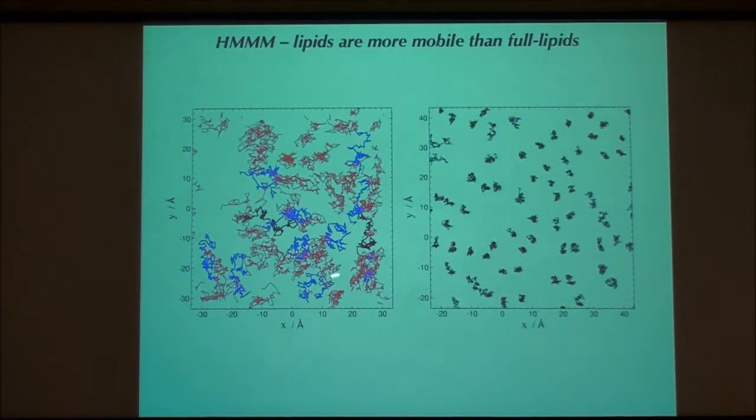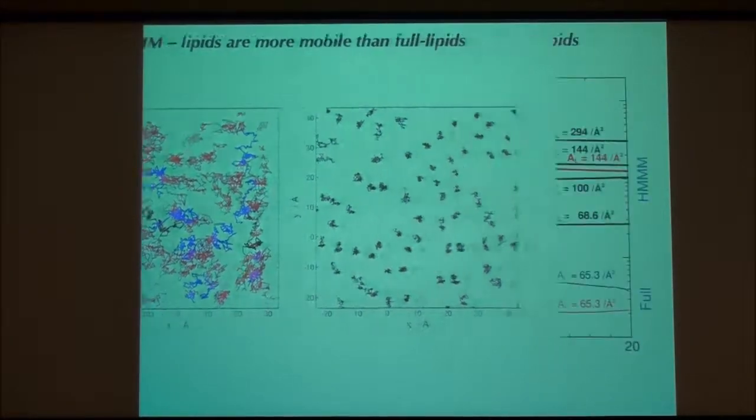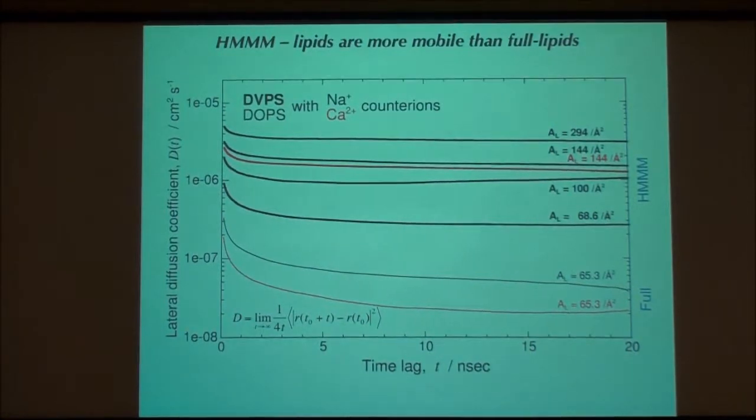So if you look at the diffusion, this is a full membrane representation in 10 nanoseconds. You can see lipids just locally fluctuate, whereas this one is our new membrane model in 1 nanosecond, 10 times shorter, but you see a lot of motion here. Of course, we can quantify this. So these are the diffusion constants for different models.